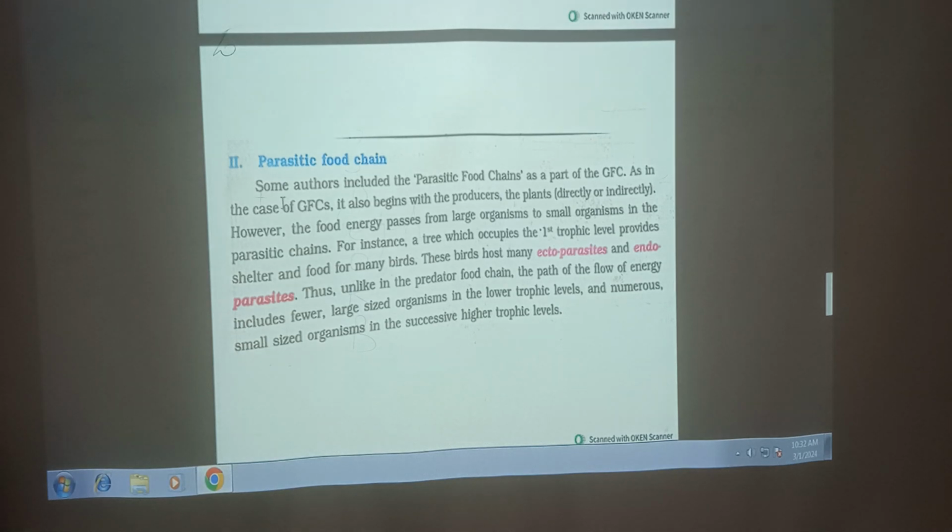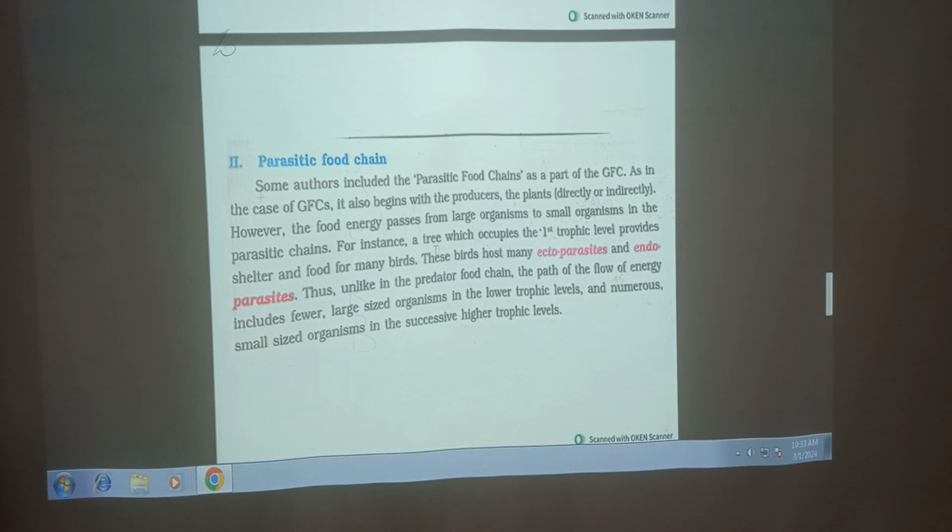Parasitic food chain. Some include the parasitic food chain as a part of the grazing food chain. As in the grazing food chain, it also begins with the producers, the plants. However, the food energy passes from a large organism to smaller organisms in the parasitic chain.